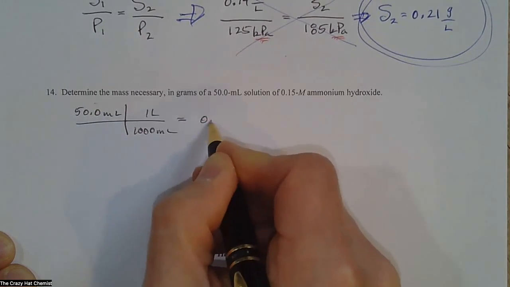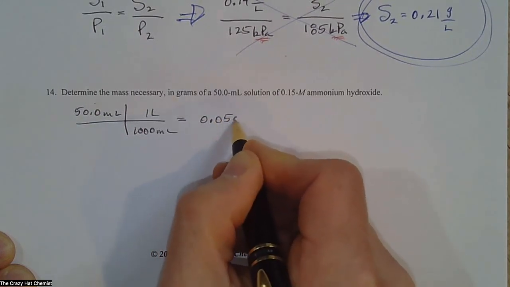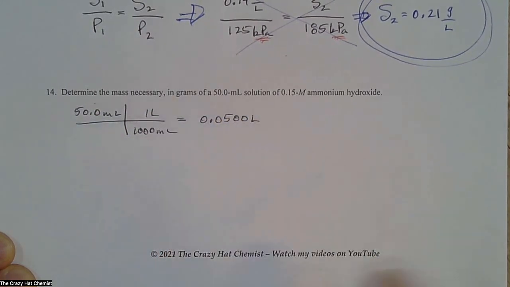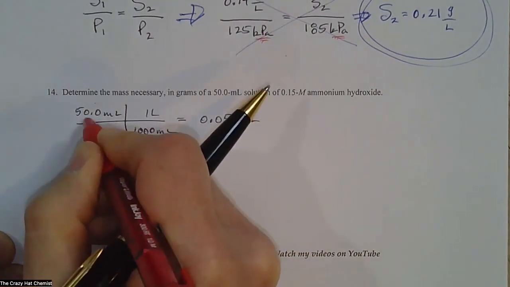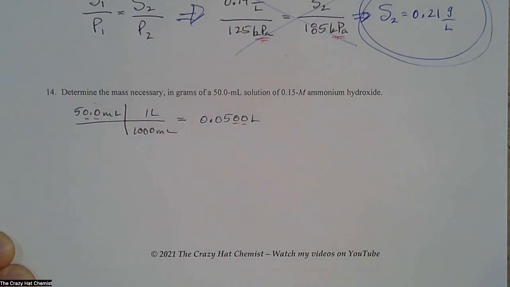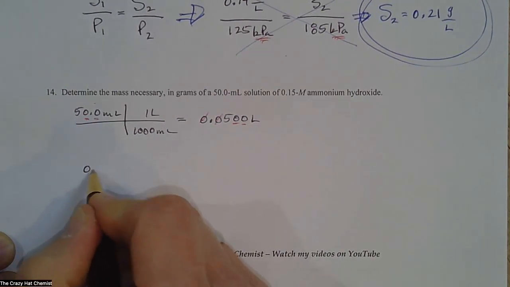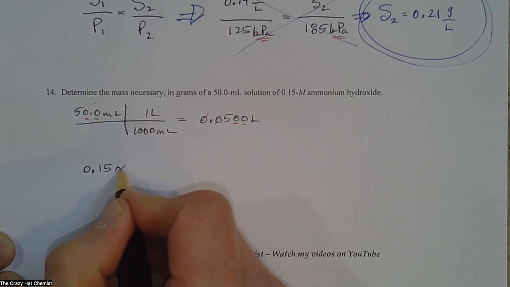This is equal to 0.0500 liters. I'm maintaining these zeros, which are trailing at the end, and then these are leading zeros. Leading zeros never count.